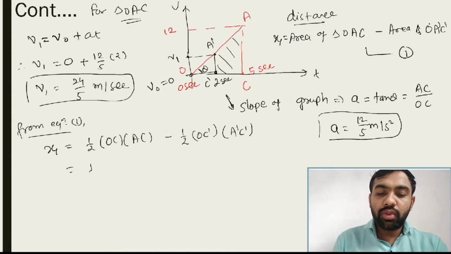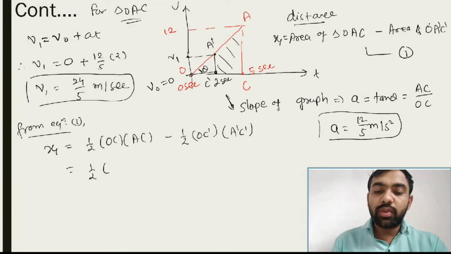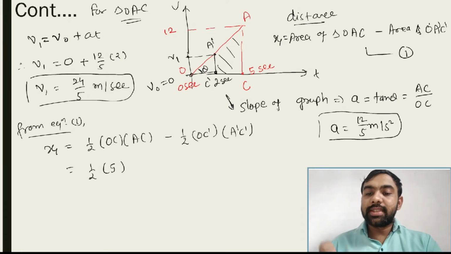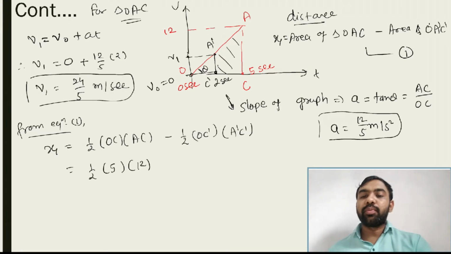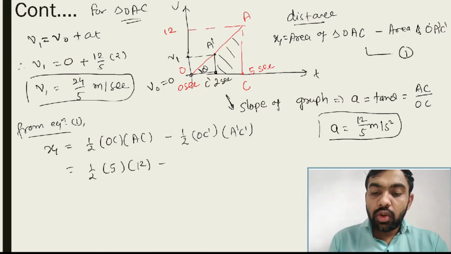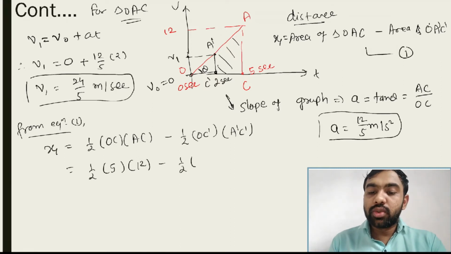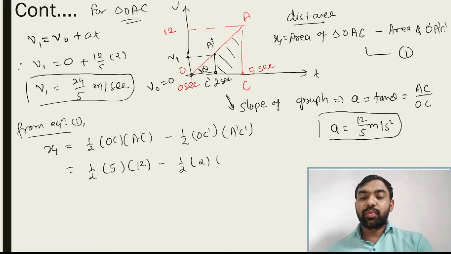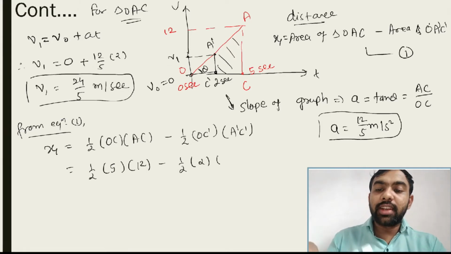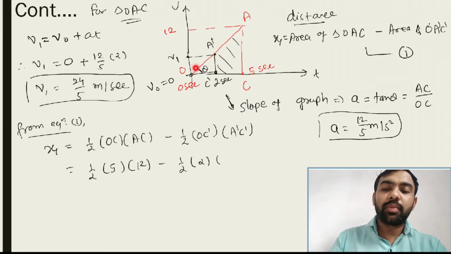Okay, put all these values: 1/2, OC is 5, AC is 12, minus 1/2, OC dash is 2 seconds, and A dash C dash. What is A dash C dash? It is v1. So A dash C dash means this one.